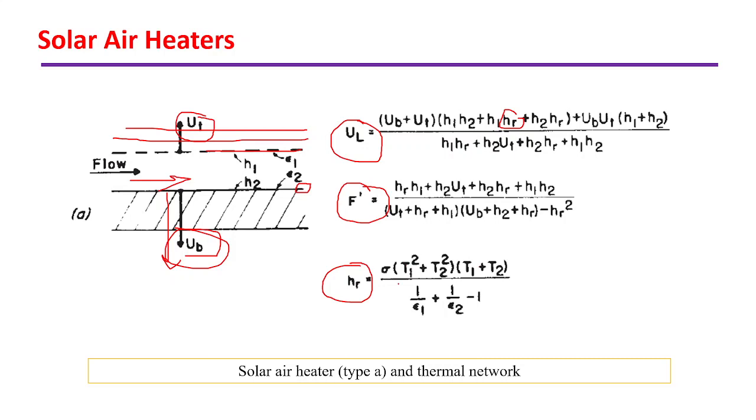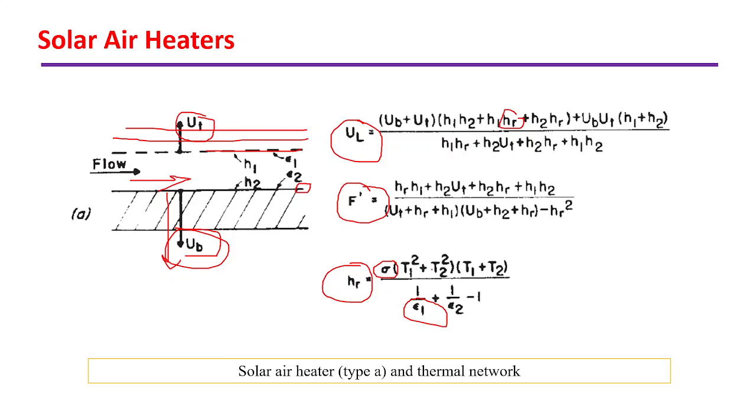The radiation heat transfer factor is a function of the temperature, the Stefan-Boltzmann constant, and the emittance of the cover plate or the absorber.